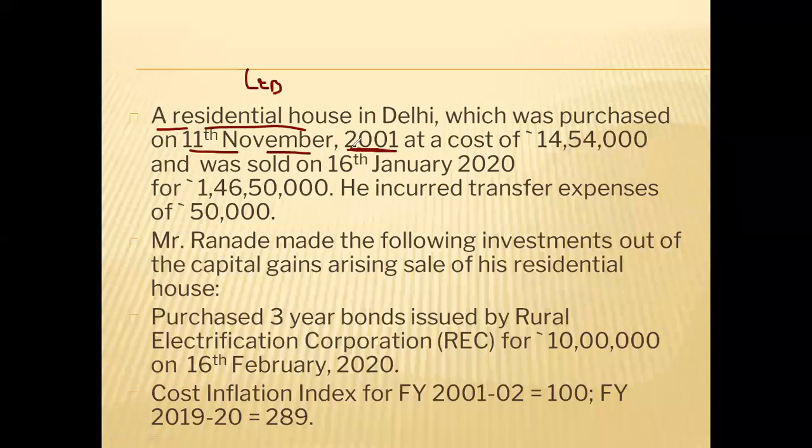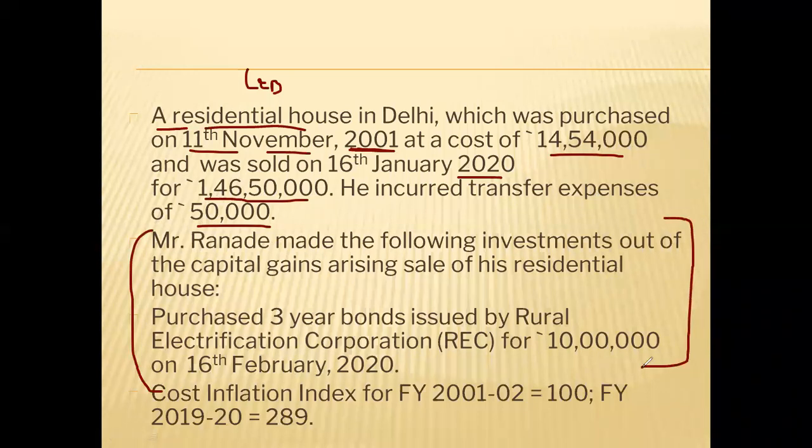So this asset, the residential house, was purchased in 2001-2 for 14,54,000, sold on 1st January 2020, that is in 1920, for 1,46,50,000. And he has incurred transfer expenses of 50,000. Some details of investment made by him are given, which we will discuss later on.